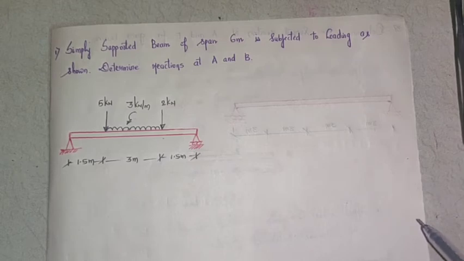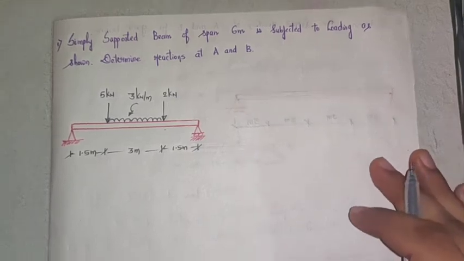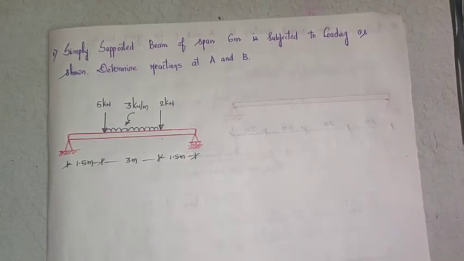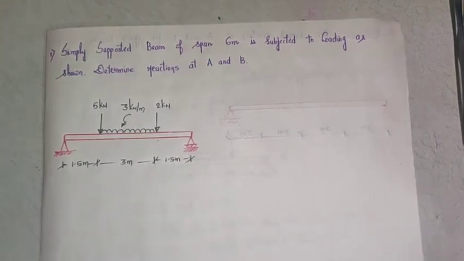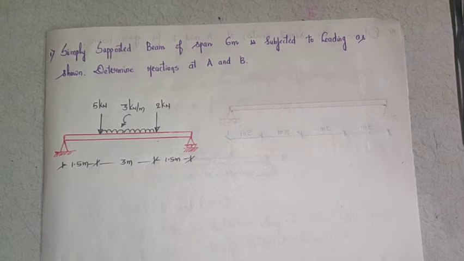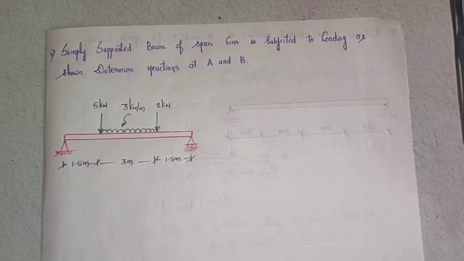In the last part, we studied what a beam is, what action and reaction are, the different types of supports, the different types of beams, and the different types of loading, which you can find in part 1 and part 2 of this session.